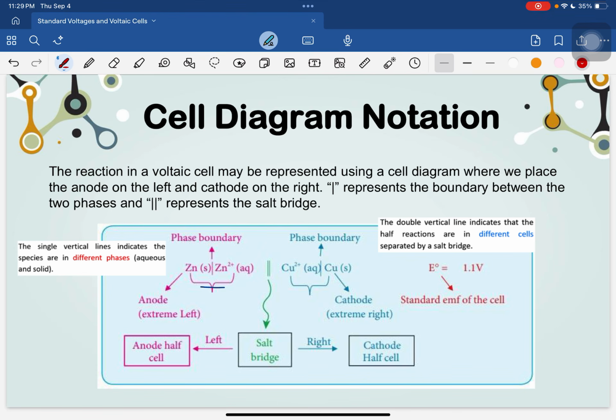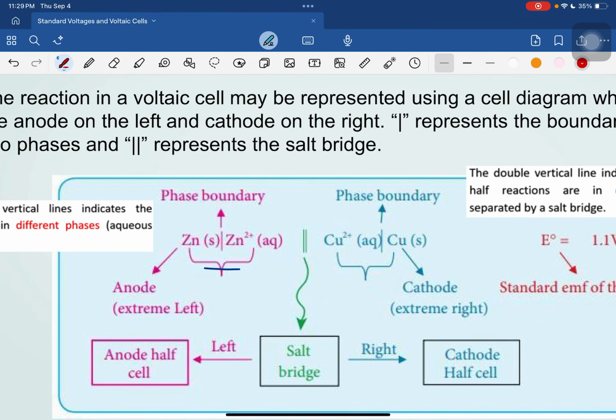If we zoom in, we can see our cell notation. Zinc is the anode pair, and copper will be our cathode pair.